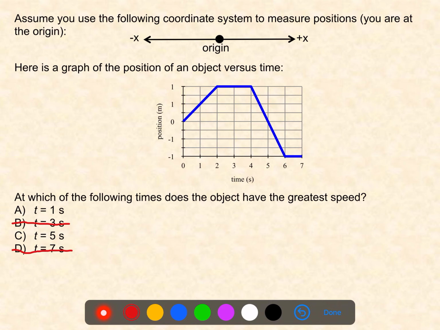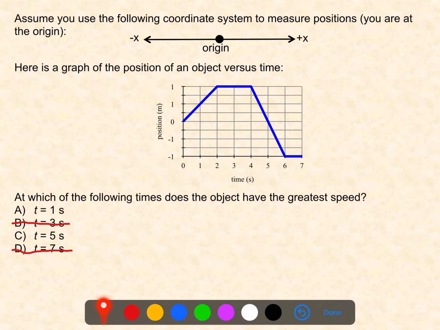Okay, so now it boils down to a question of, well, it could be when I'm heading up with this positive slope or heading down with this negative slope. Okay, now as I said, the sign doesn't matter. We just care about the speed. So it's the amount of how fast you're going, not the direction, that matters for this. And so if you think about the slope, the question is then, well, which one has the steepest slope?